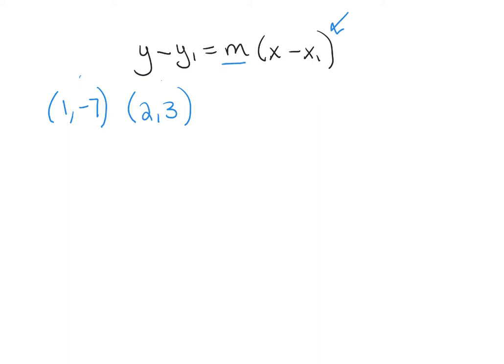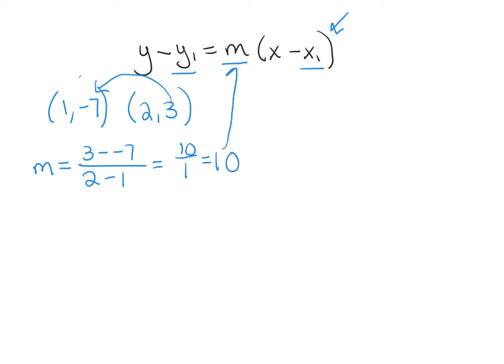So same idea, we need to plug in our information. But I didn't tell you the slope. Well, we can find the slope using our formula. 3 minus -7 over 2 minus 1. So that will be 10 over 1, which is 10.